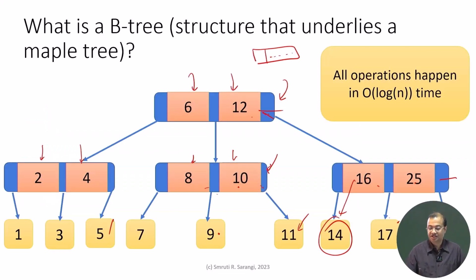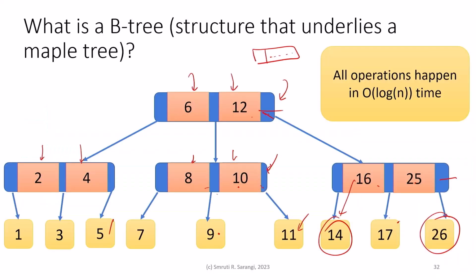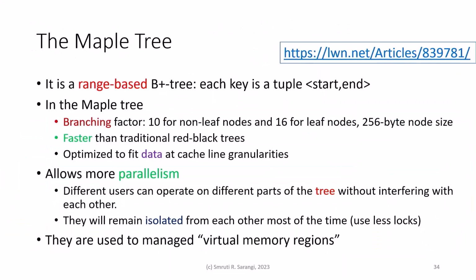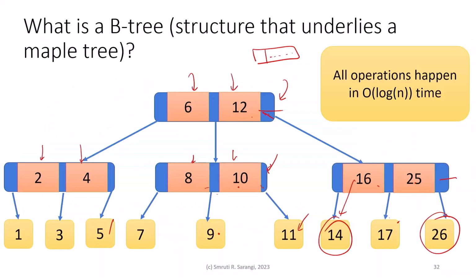And as we have discussed, in a B plus tree, data is stored at the leaves. So a maple tree, instead of storing a value, in the case of Linux, stores a range, which is a range between two numbers. So this can be like 14 to 16. Here instead of 16, it's actually two numbers, start and end.